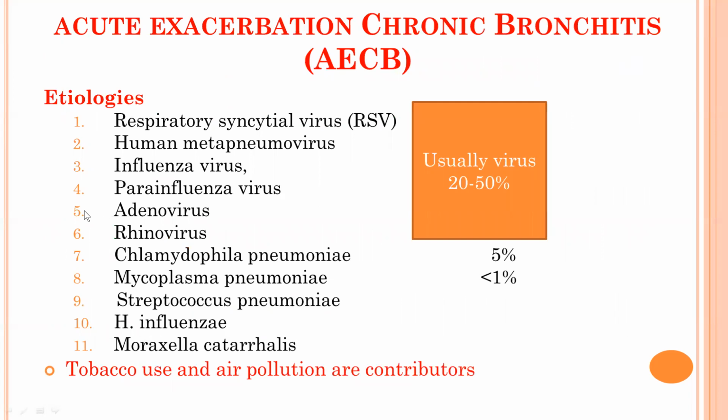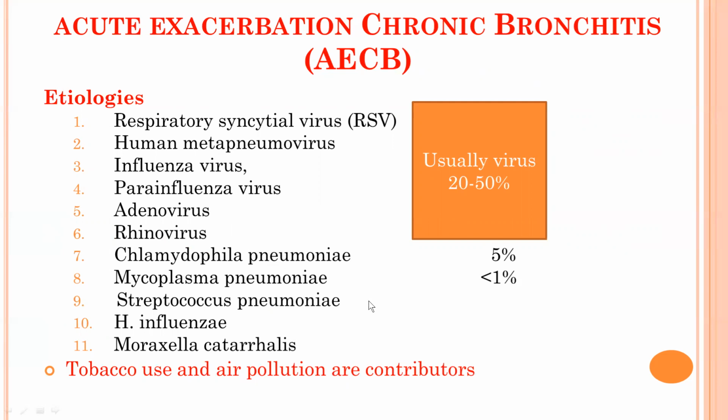This is the acute exacerbation of chronic bronchitis. Etiologies here: 20 to 50% are due to viruses and the rest are due to bacteria. Of the viruses, respiratory viruses are common: respiratory syncytial virus, human metapneumovirus, influenza, parainfluenza, adenovirus, rhinovirus.